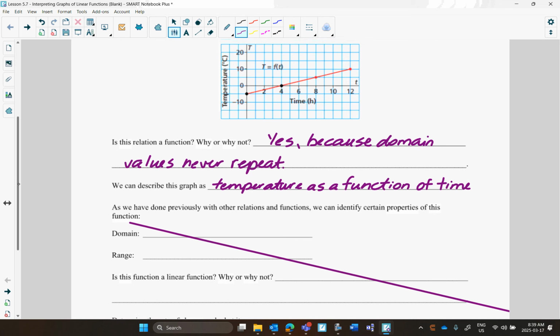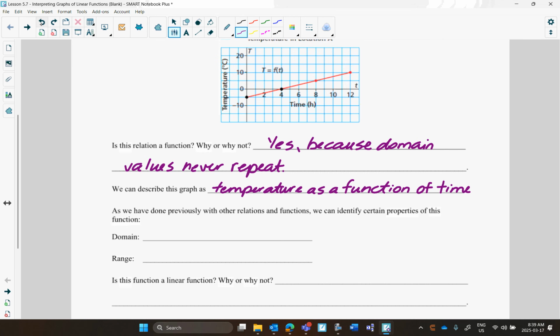This is nothing new, domain and range. What would the domain of this function be? Remember, it's a line segment, so we got to use interval notation. From what to what? Remember, furthest left to furthest right. Come on, somebody?